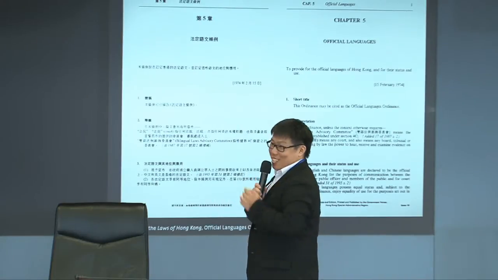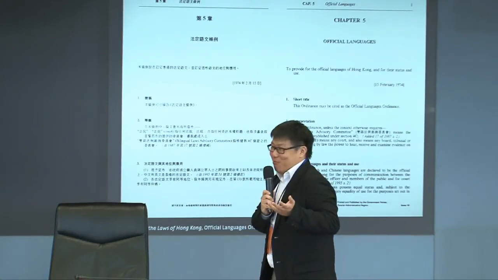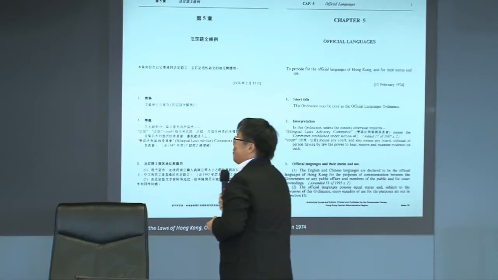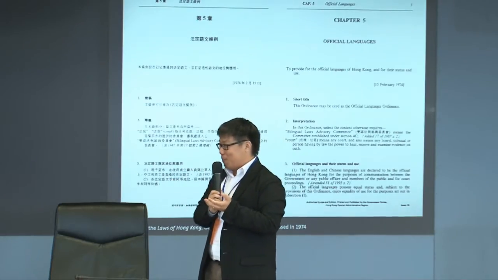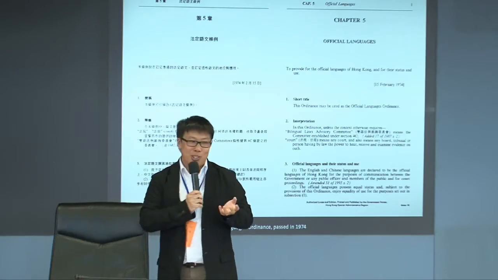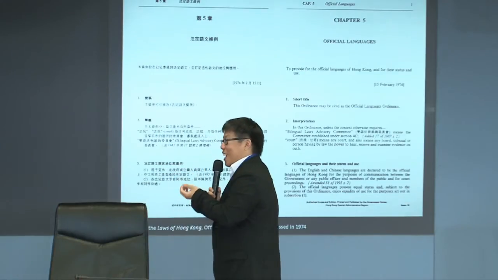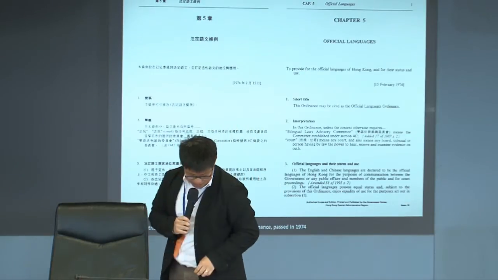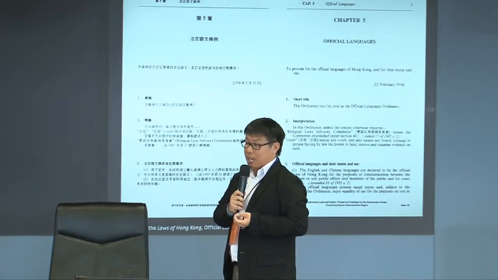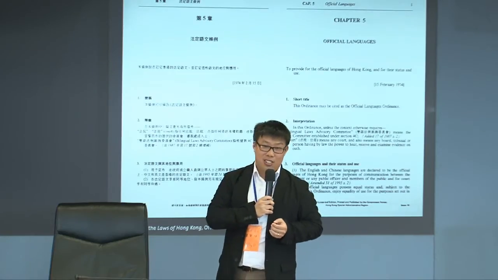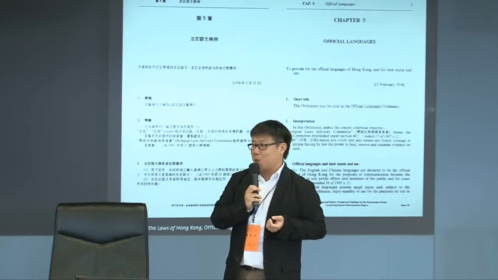Yeah, this is the best they can do, I think. Okay, they're not designers. So this is where two languages in parallel, this is the epitome of that because it's a legal document. So after the 70s, after 1974, Chinese became a co-official language.